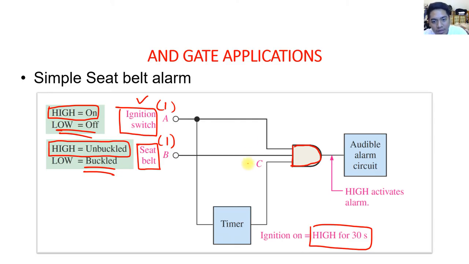Inputting all the A, B, and C here will produce an output that is high for an AND gate. If one of the inputs is low, for example, the seatbelt is buckled, then there will be no alarm. If the ignition switch is off, then there will be no alarm. So, yes, we can use an AND gate for this simple seatbelt alarm.